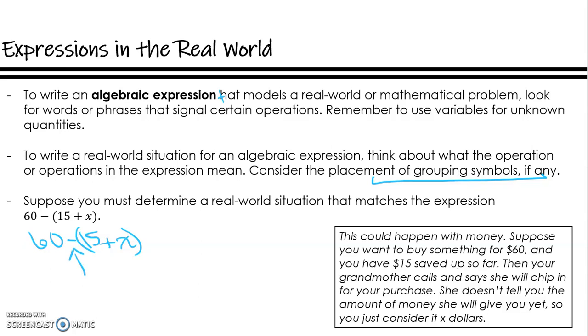That means you're going to be subtracting from what you have. You know you have $15 so far, and your grandmother's going to give you some more. So you would want to add the money you have first before taking it away, to figure out what you still owe.